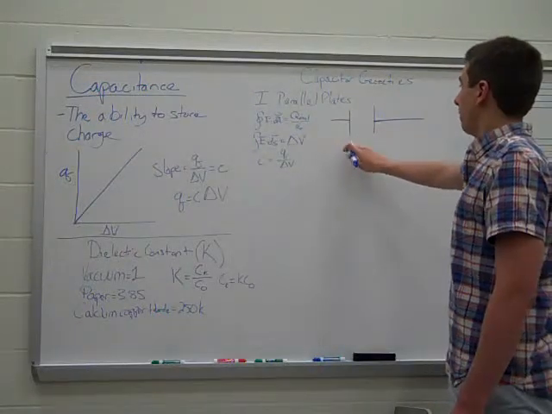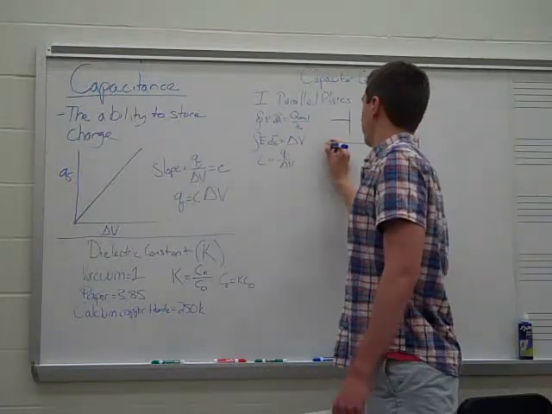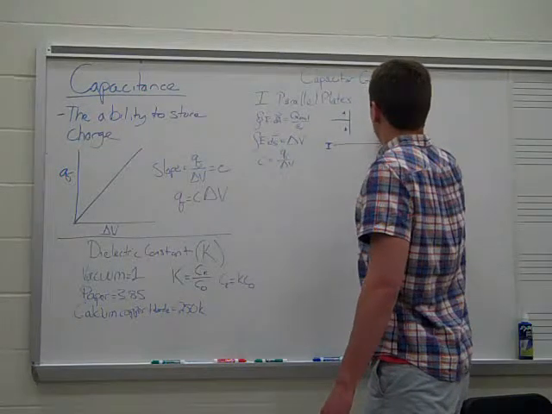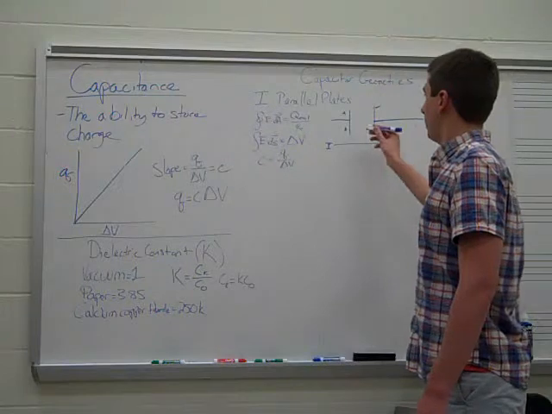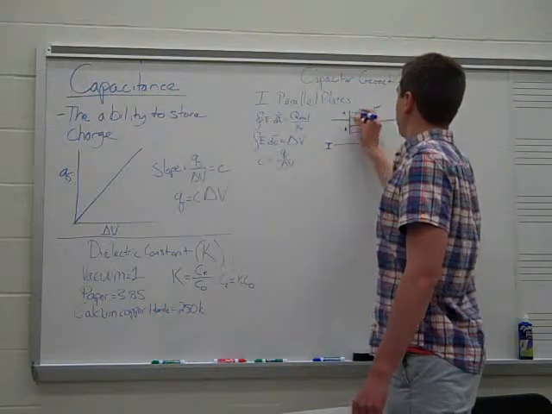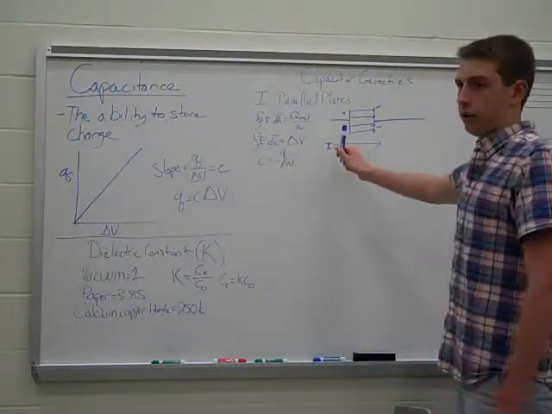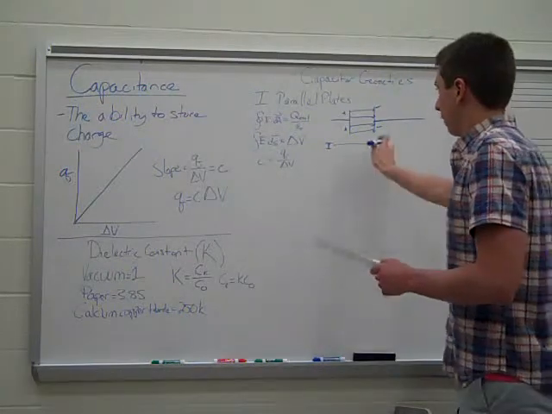Generally, if you have a current, initially when you're charging the capacitor going across this parallel plate capacitor, you're going to have the positive charge from the direction the current's coming from and the negative charge building up on the other side. And in here you're going to have an electric field going from positive to negative. You know from electrostatics that all electric field lines start at positive and end at negative. So that follows the current.